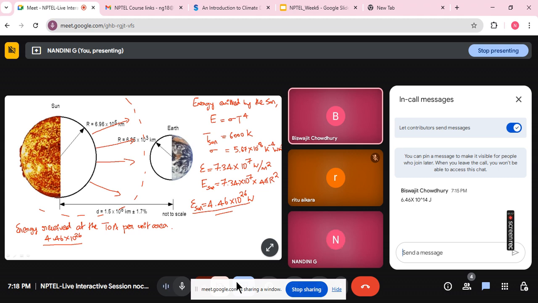No, radius of the earth, why? So we are okay. Oh, so you are telling like the distance is being calculated from the center of the sun to the center of the earth, right? Okay.